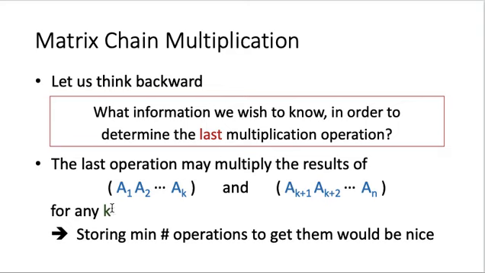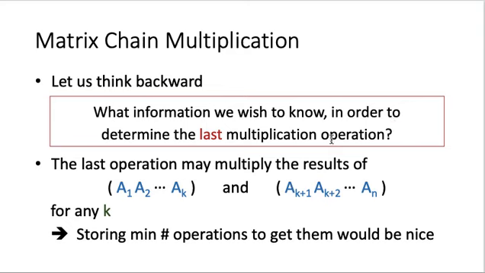But this may occur for any k. So we do not know at this point what is the best sequence of multiplication operations. But for a certain best sequence, there will be a last multiplication operation, and it must be happening for some k, where we are multiplying the product of A1 up to AK with the product of AK plus 1 up to AN.